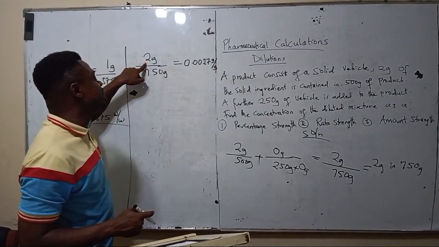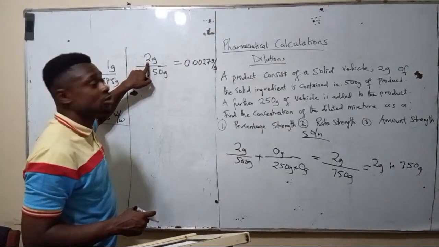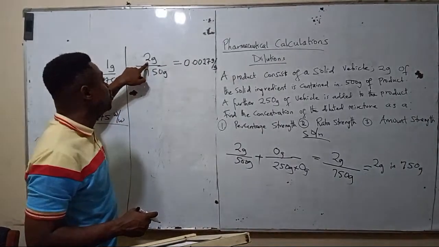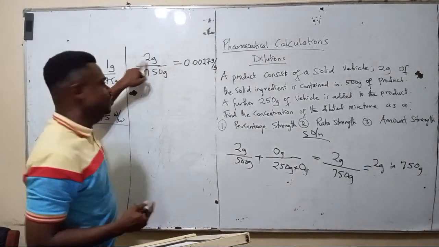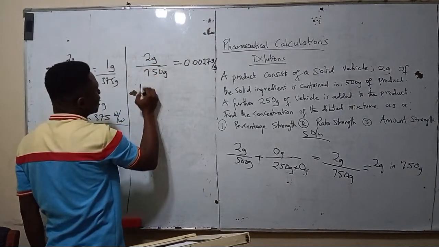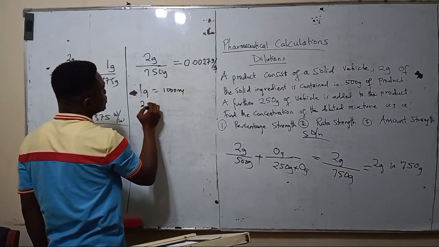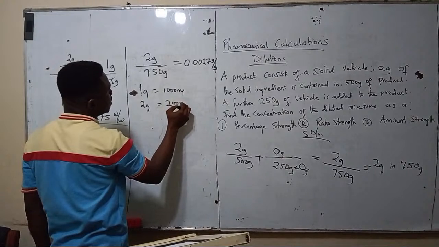But sometimes when you have something like this, because it is smaller by comparison, you may see it converted to milligram. If you move it to milligram, remember that one gram is 1,000 milligram. So 2 grams will become 2,000 milligram.